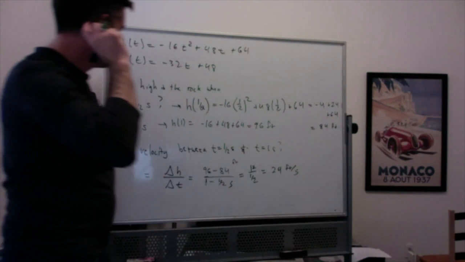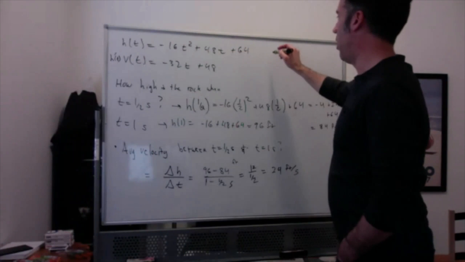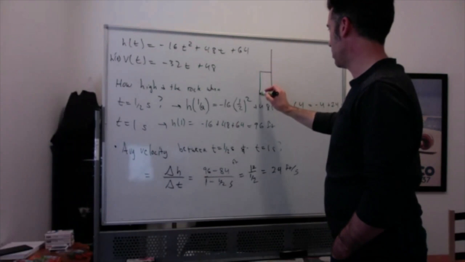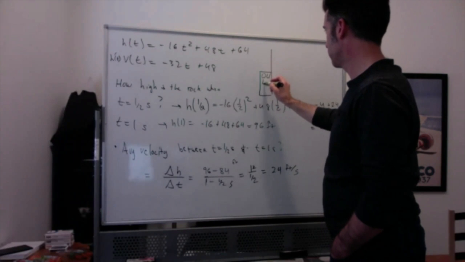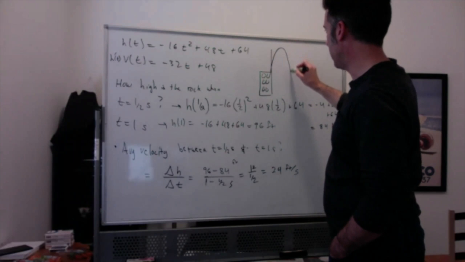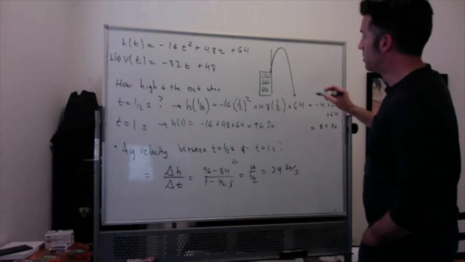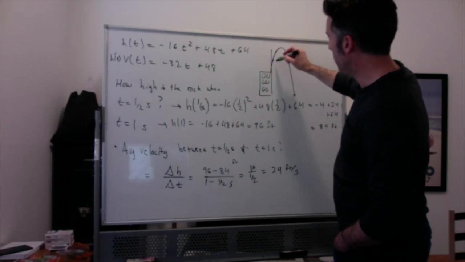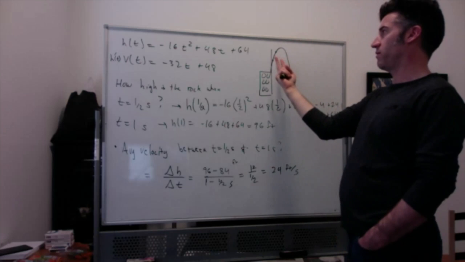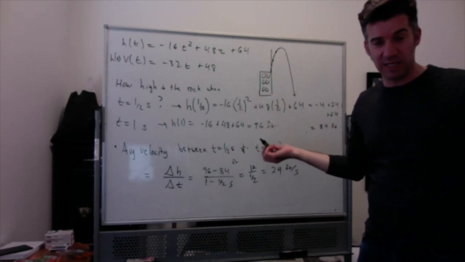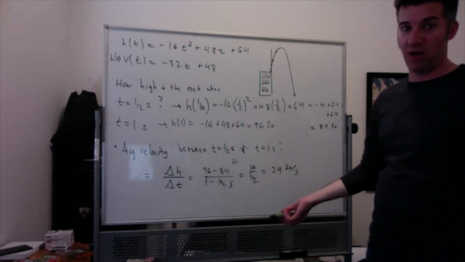Again, we've got this rock that we've thrown off some building at a height, and it's going up like this, and it's coming back down like this. From half a second to 1 second, it's traveled some height over some time interval, but obviously we don't know the exact speeds yet because we haven't calculated what they are.